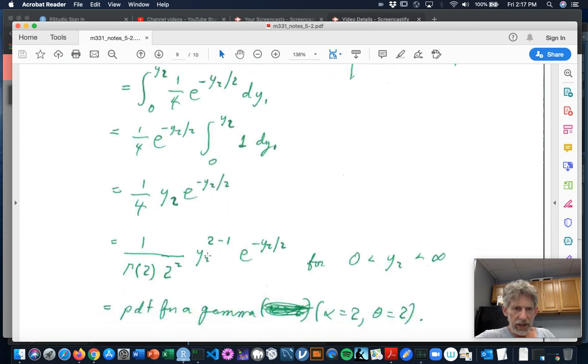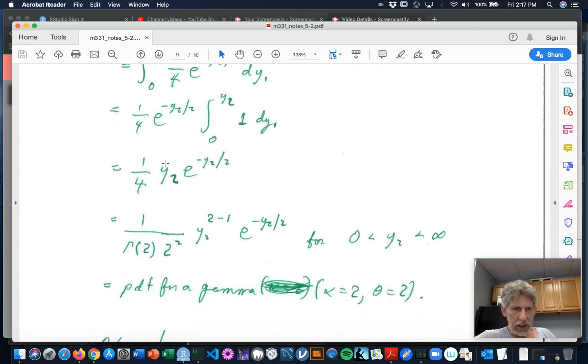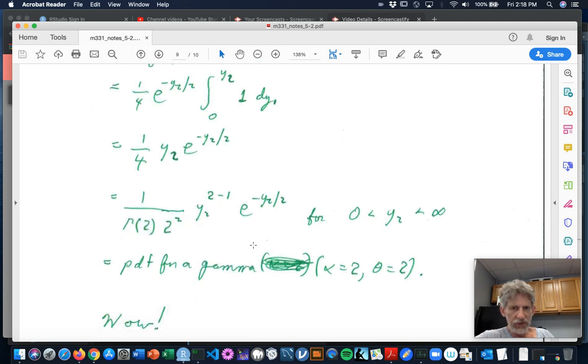So I'm going to make that fit just right. I'm going to write y2 to the 1 here as y2 to the 2 minus 1, and put a 1 over gamma 2 times 2 squared here, and it's going to totally fit. That's the PDF for a gamma random variable where the shape parameter alpha is a 2 and the theta is a 2. Wow, this is great.